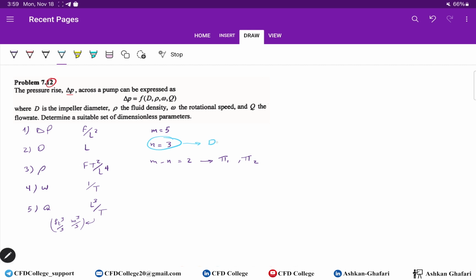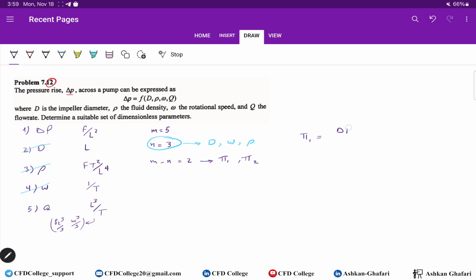So I pick diameter for L, omega for T, and density for F. So for pi 1, now we know that D, rho, and omega are gone.